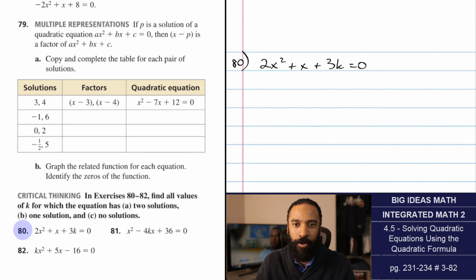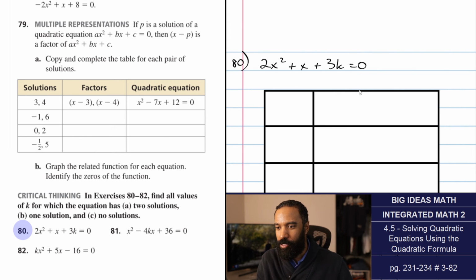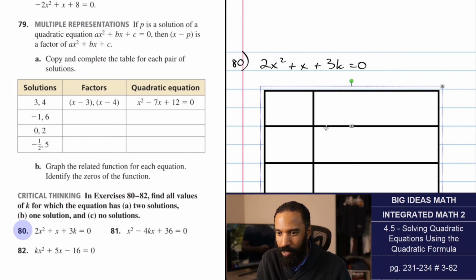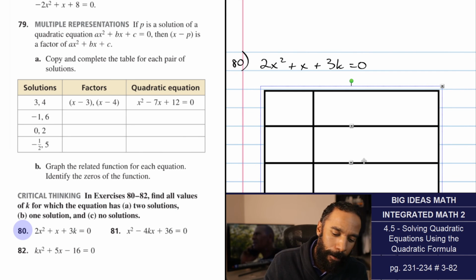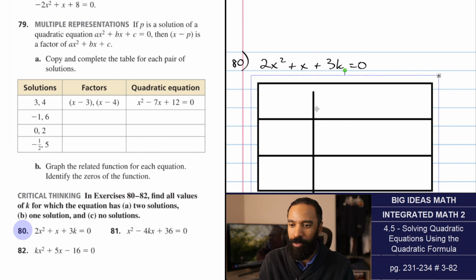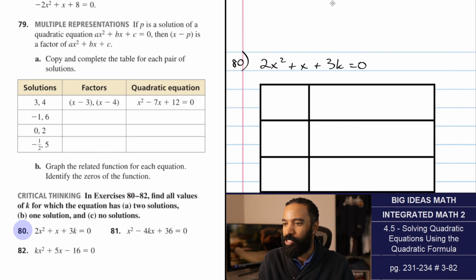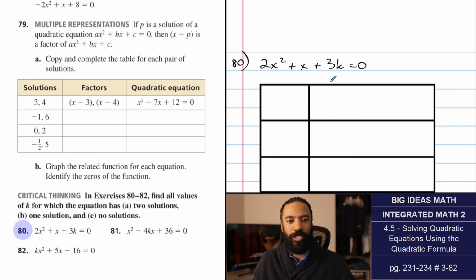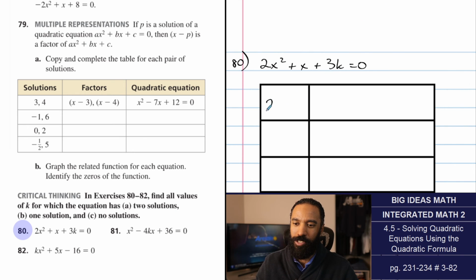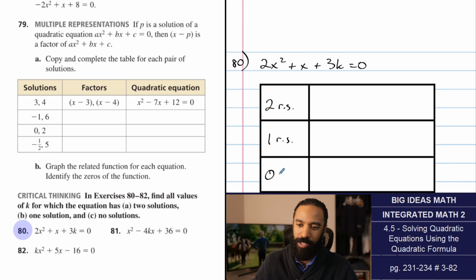Here, I'm going to do a table. Let me pause this to make a table. Okay, I don't know if this is the prettiest work of art I just constructed. Let me group these together now. But let's see if this works out for what I want to do. Let's call this 2 solutions, 1 solution, no solutions. So 2 real solutions, 1 real solution, 0 real solutions.